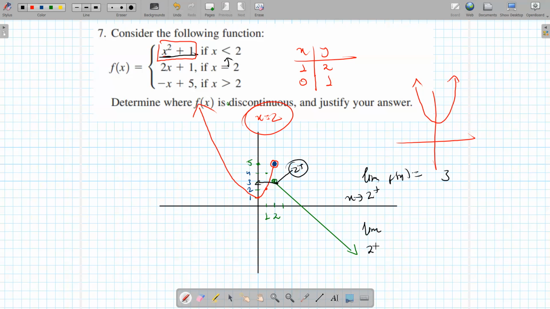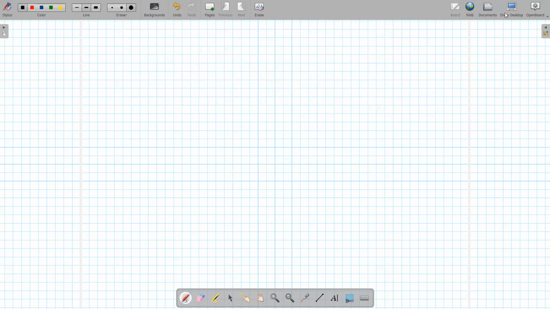What's the limit at 2 minus? 5, exactly. Since these two limits differ, we don't care about exactly what happens at this middle point. Actually, for these questions, you can even ignore this. You want to look at the left and the right and see if the limit exists. In this case, it does not exist. And that's it.